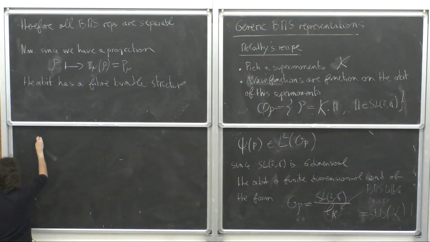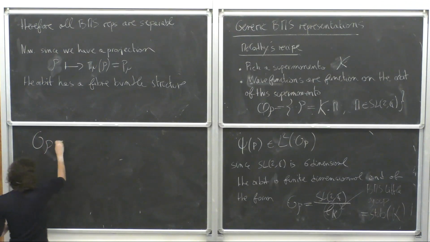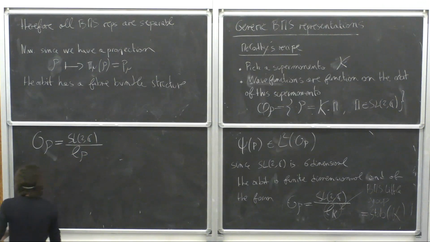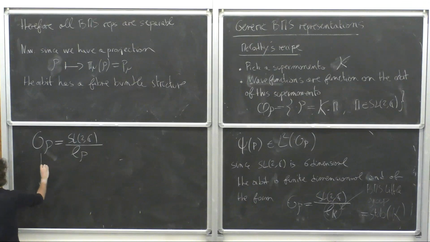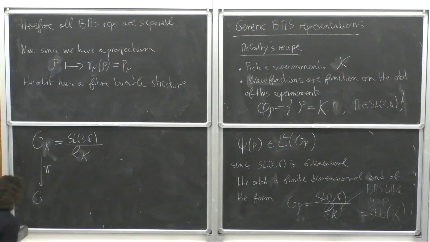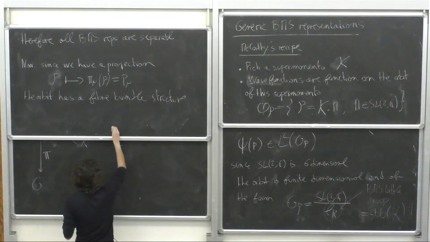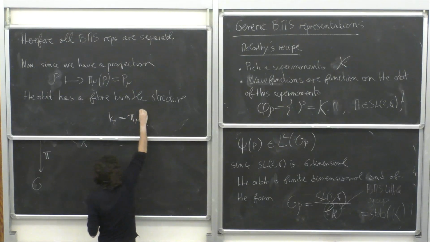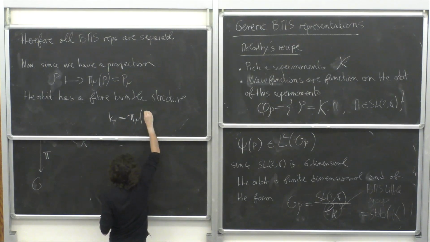So the orbit of curly P is SL2C divided by the BMS little group, L curly P. Then I can project this, and it fibers over the orbit of curly K, the orbit of my reference supermomenta. And now I call K mu the reference momenta, the projection of the reference supermomenta.